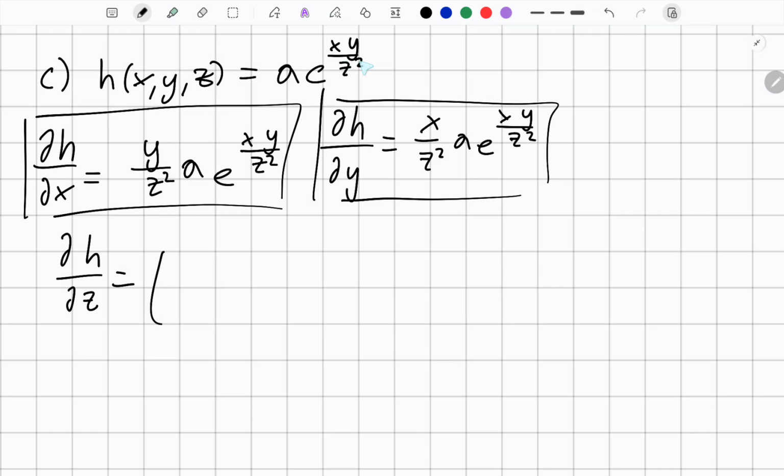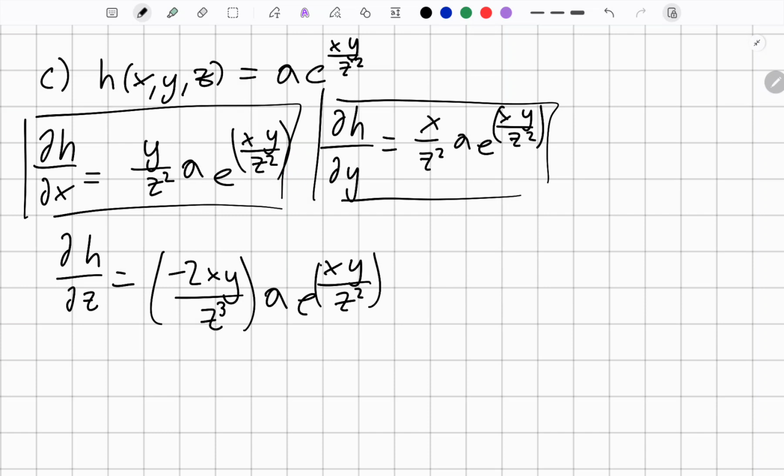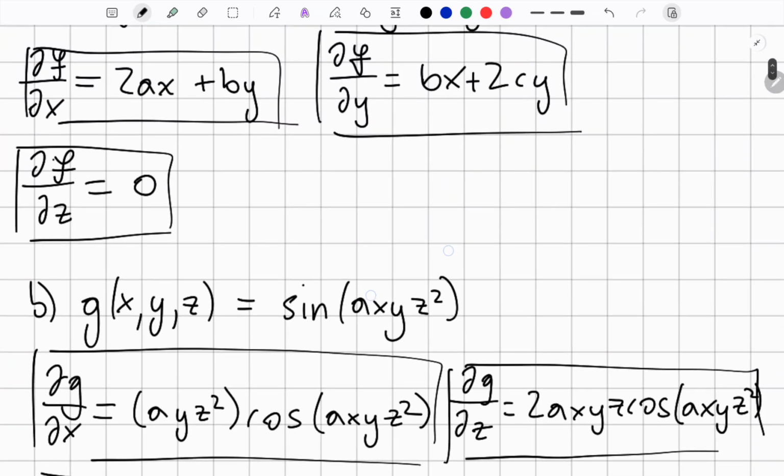That's the same as xy z to the negative 2. So that's the same as saying negative 2xy over z to the third is our derivative of that, times a e to the xy over z squared. That is in the exponent, just in case that's not clear here. And I think that covers the entire problem.